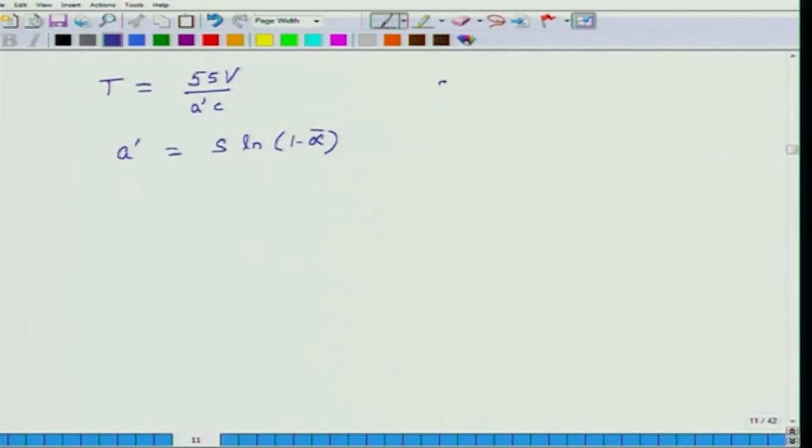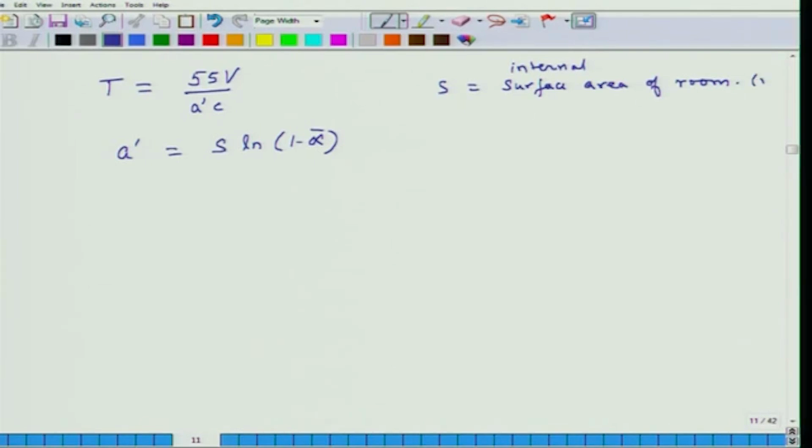And what is S? S is the surface area, internal surface area of room. So you take all the walls and all the shapes inside the room, and you calculate the surface area, internal surface of the room. So that is this thing.